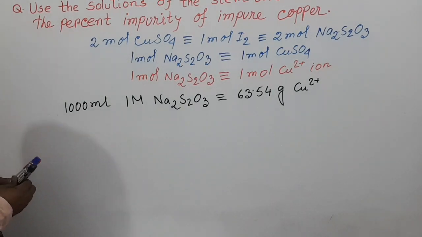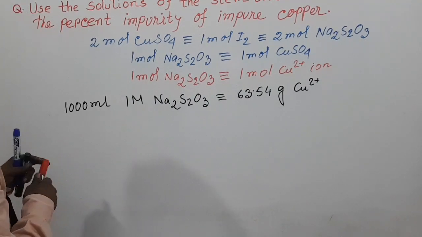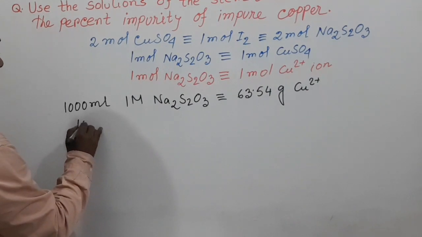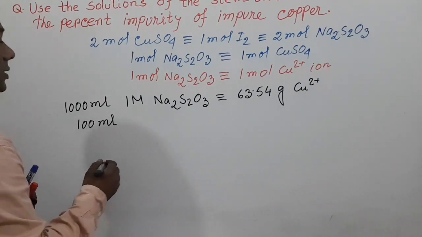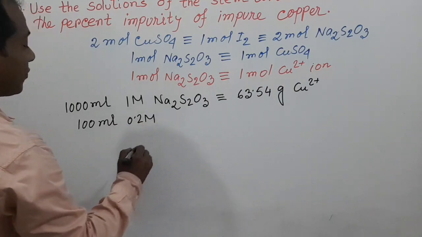And now our given sodium thiosulfate solution is 100 ml, and the concentration of given sodium thiosulfate solution is 0.2 molar.